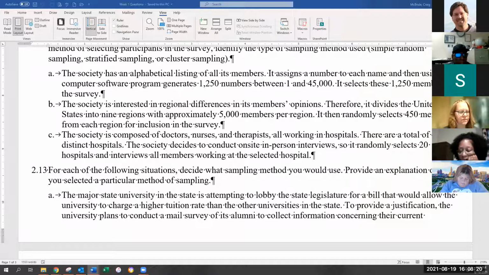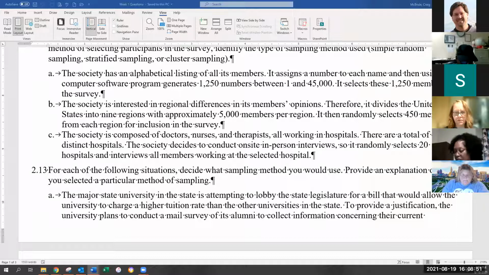because it divides... Oh, I can see what you're saying. It divides the United States into 9 regions with approximately 5,000 members per region, and then it randomly selects 450 members from each region. So even though the description of how they're dividing them up sounds like a cluster, and I agree with you, it sounds like a cluster because of the whole region thing, because they did the divisions themselves, it's kind of a gray area.